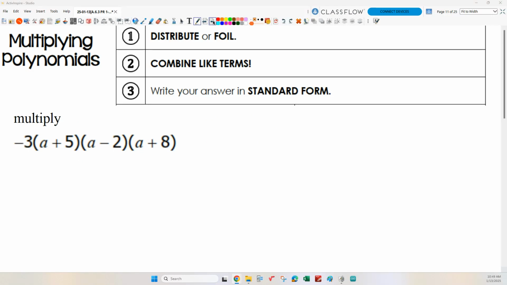Well, you can only do two at a time, right? So we're going to have to multiply two of them, simplify that, and then distribute the third one, right? Would you agree? Okay, now my recommendation is that negative 3 that's out front, wait till the end to distribute that. There's no reason to distribute that one first, so you keep the number small. Make sense? Okay, go.